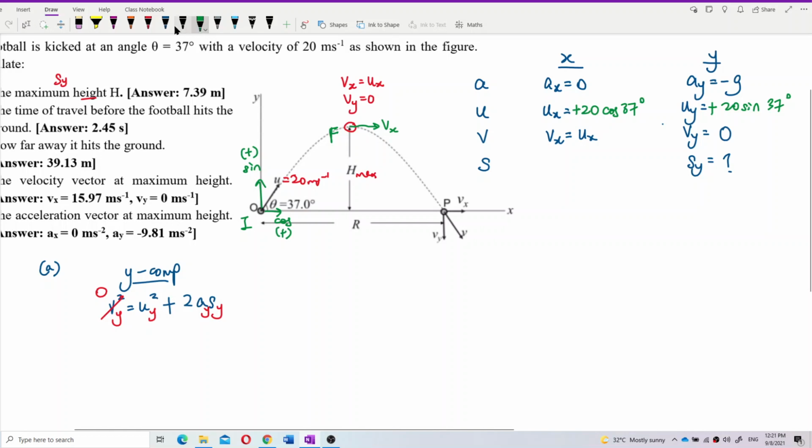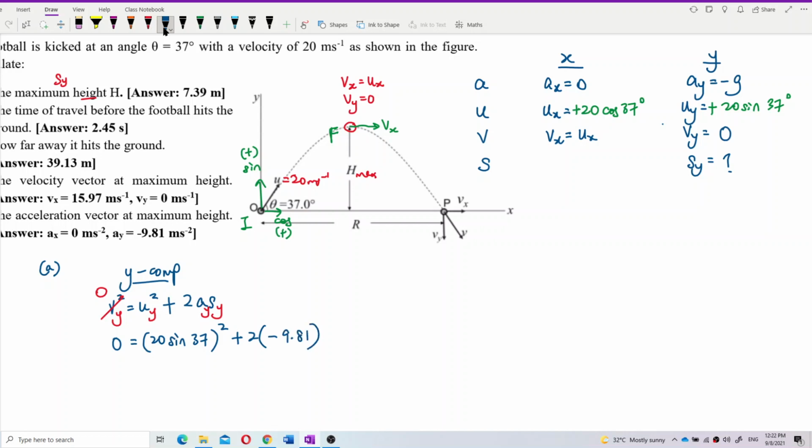So 0 equals uy, which is 20 sine 37, squared, plus 2 times acceleration, which is negative g, negative 9.81. So we can find sy. The answer for displacement is 7.38.